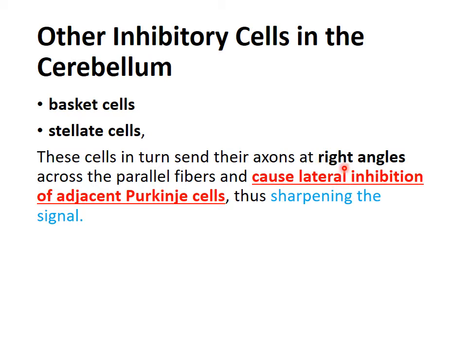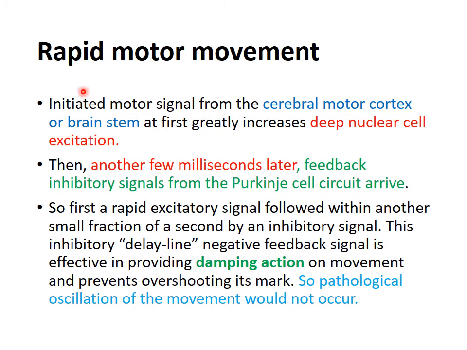They form axons at right angle to the parallel fibers, and they cause lateral inhibition of the adjacent Purkinje cells. Whenever there is a lateral inhibition of the adjacent Purkinje cells, this is responsible for sharpening of the signal. It is a very important point we remembered, that plays a very important role in motor action.